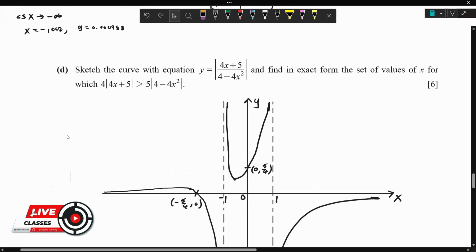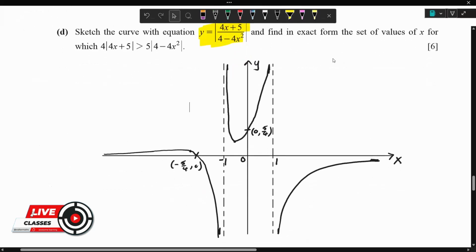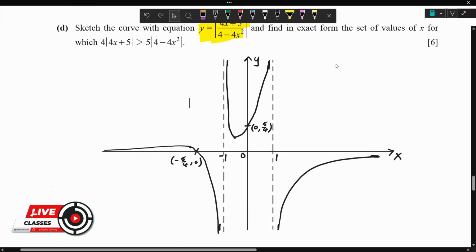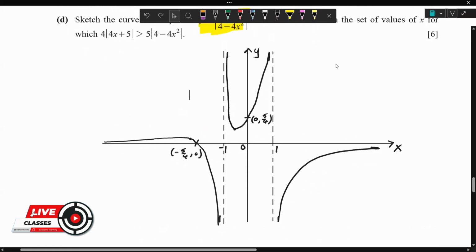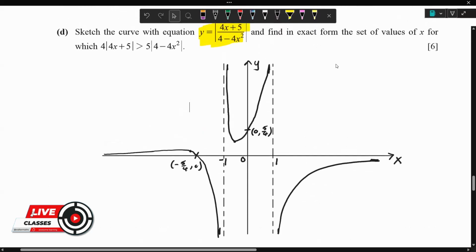So for the modulus graph, we simply reflect the parts that are below the x-axis in the x-axis. So we should be having something like this, reflecting something like this.